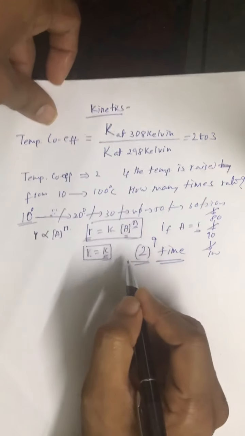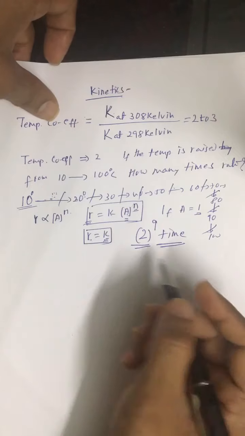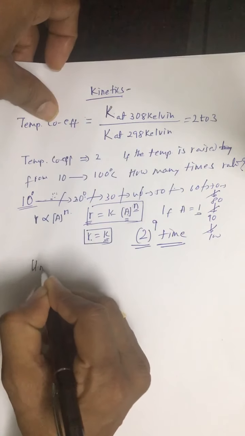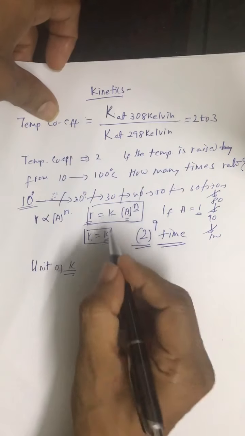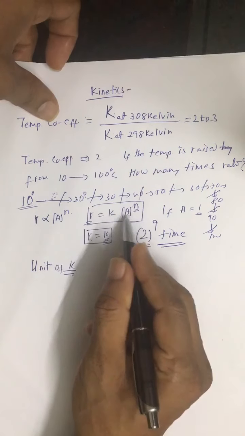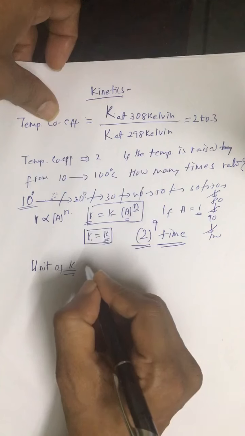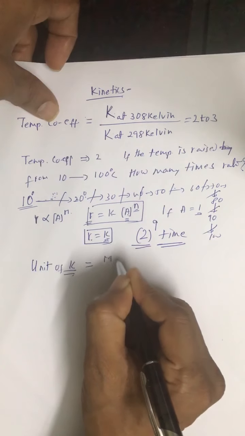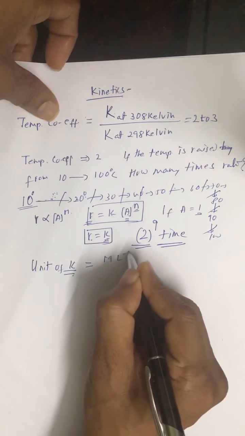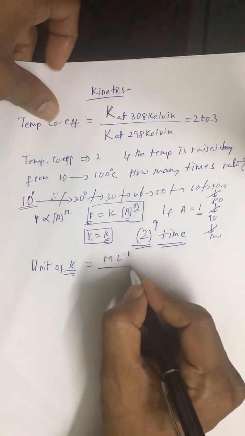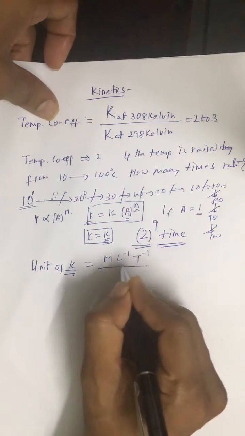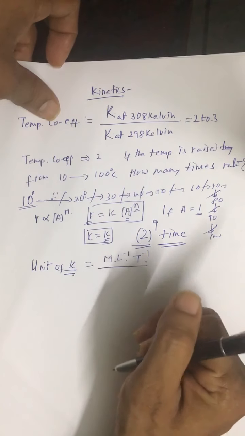From here, there is one more important question, that is the unit of K, unit of velocity constant. So it is rate. What is the unit of rate? Unit of rate is mole per liter per time, that is change in concentration per time.